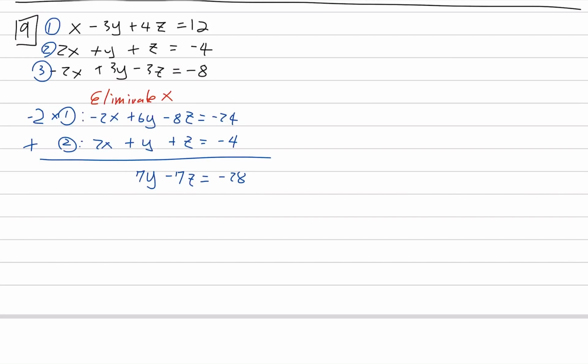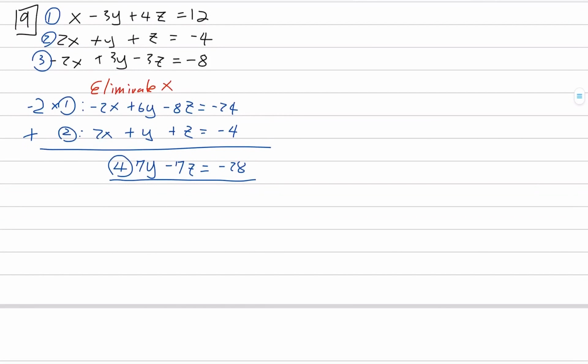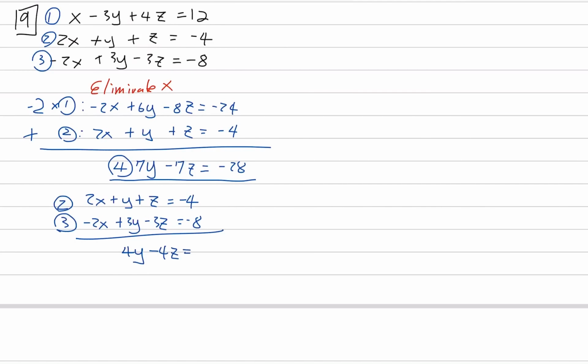So this will be our fourth equation for now. And I'm going to add 2 and 3 to eliminate x to get the fifth equation: 4y minus 4z equals -12. Fifth equation.